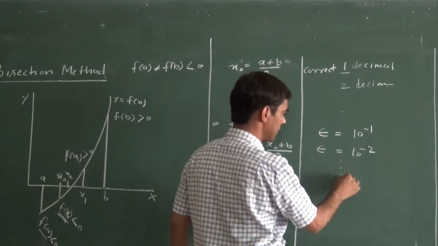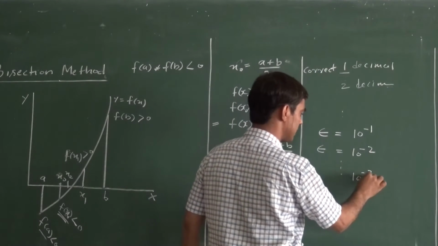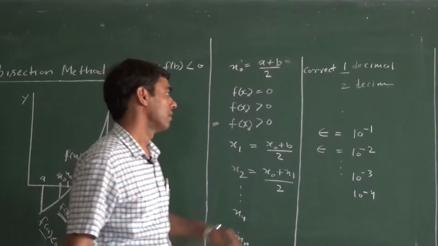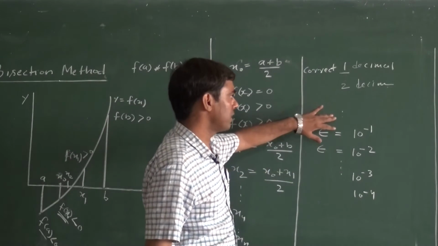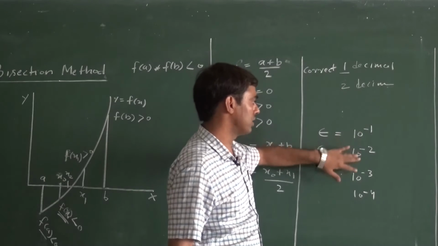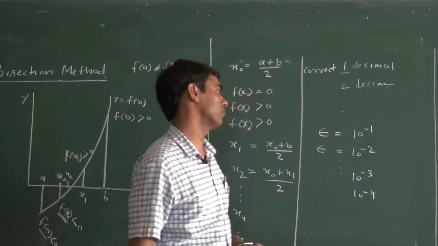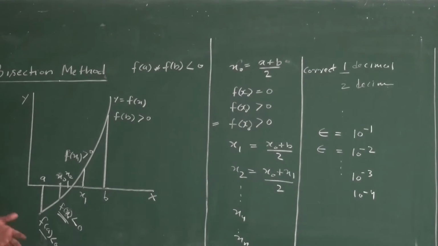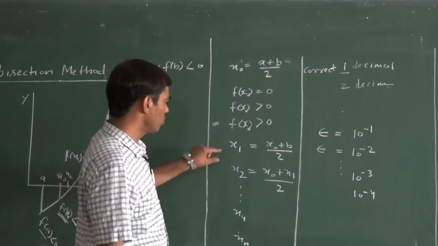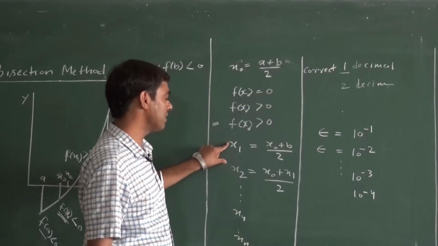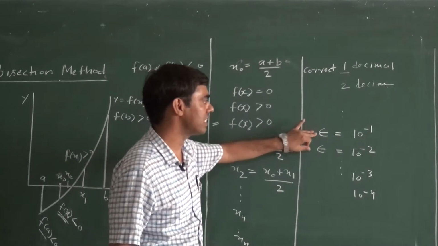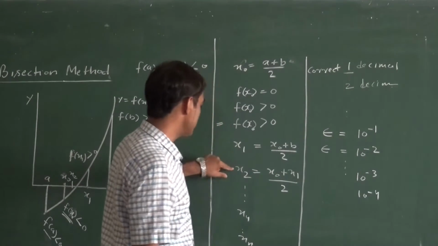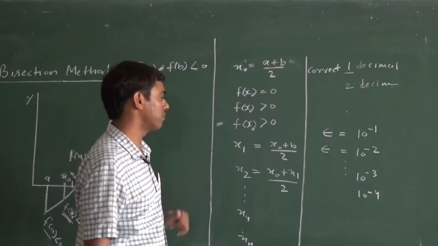Similarly 10 to the power minus 3, 10 to the power minus 4, meaning 3 decimal places and 4 decimal places. So if the difference of two successive iterative values is less than this EPS, then we stop our iterative procedure.